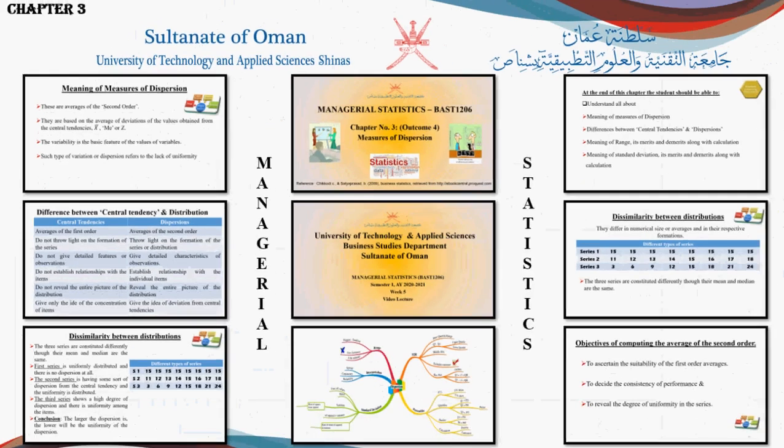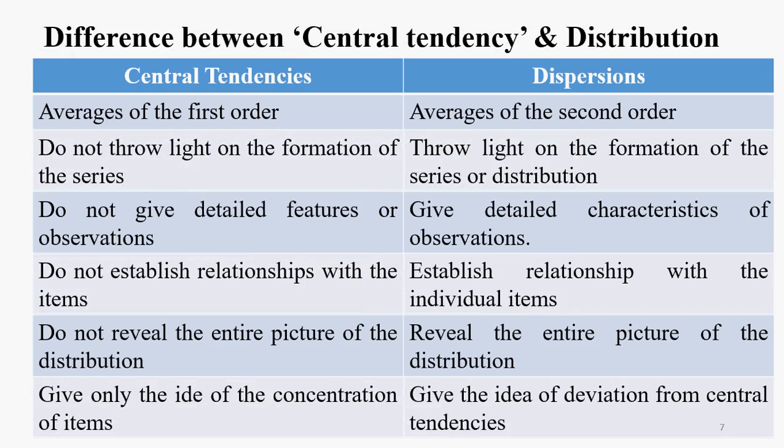Now let us move on to understand the difference between central tendency and dispersion. There are 6 points to be understood. With regards to central tendency, that is our mean, median, mode, we calculate central tendency. That's why I told you before, these are the averages of the first order, whereas dispersion is averages of the second order.